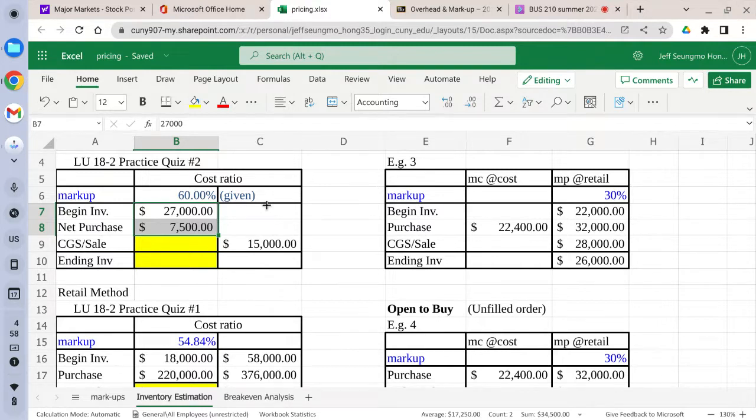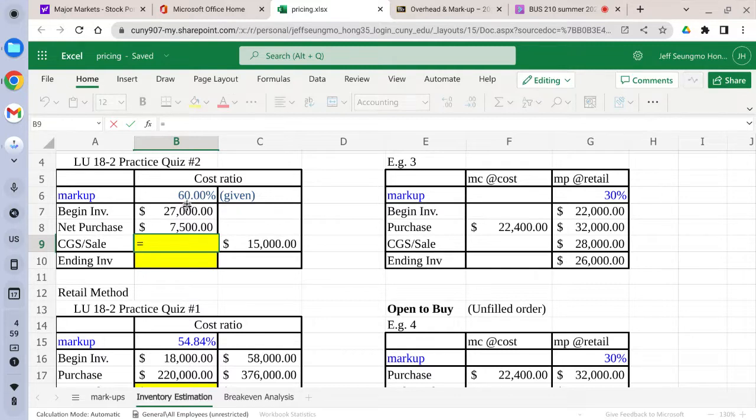All manufacturers' inventories are basically all in cost. Retail businesses' inventory can be reported either in selling price or in cost. But again, for tax reporting purposes, it has to be in cost.